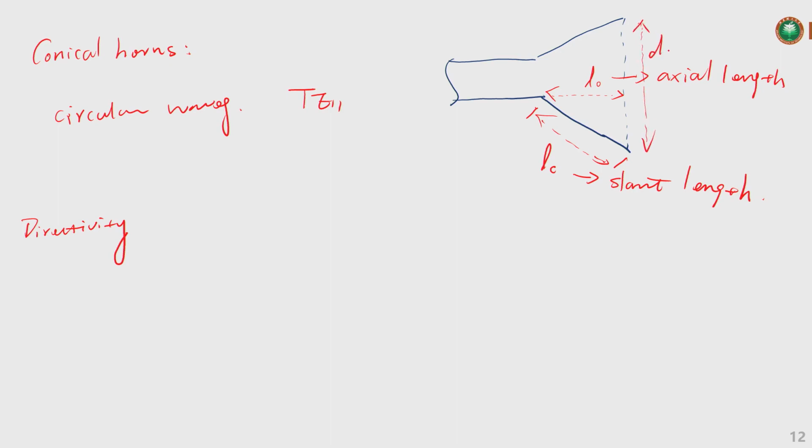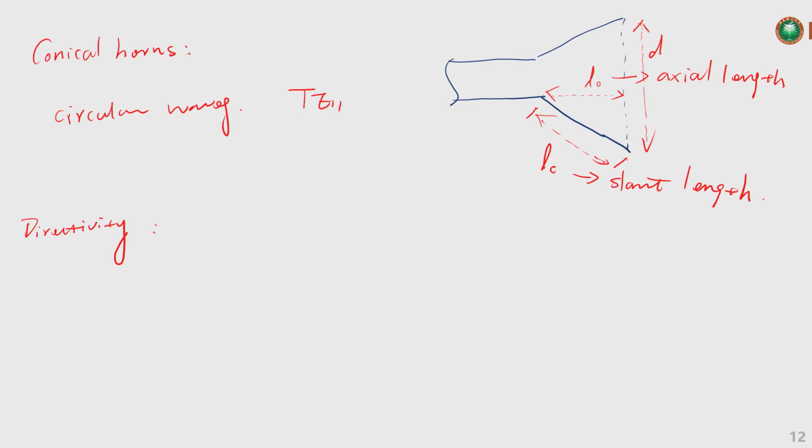This length is D, the aperture distance. So the directivity is determined by all these three parameters together.